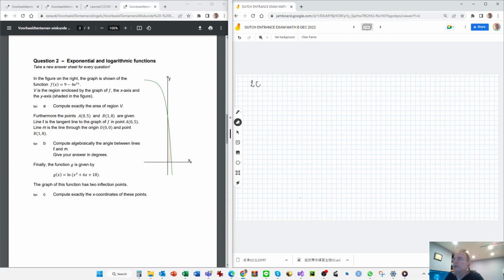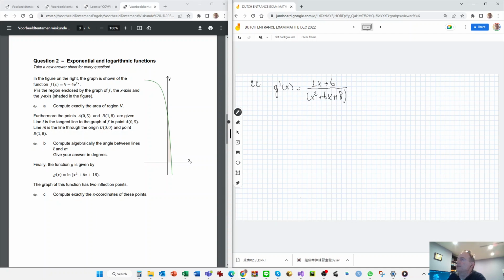The derivative of g simply is, using the chain rule and using that the derivative of a logarithm of x is 1 over x, and then using the derivative of the argument here, you get 2x plus 6 divided by that x squared plus 6x plus 18.